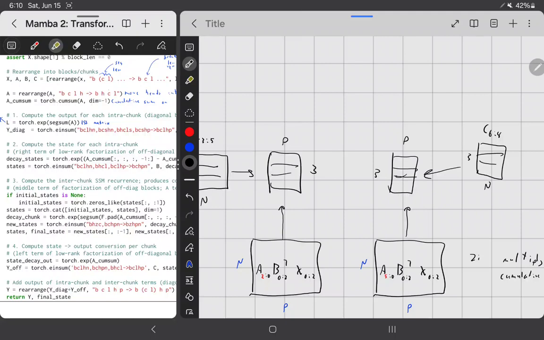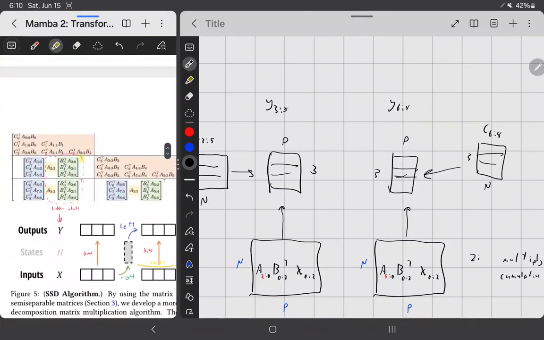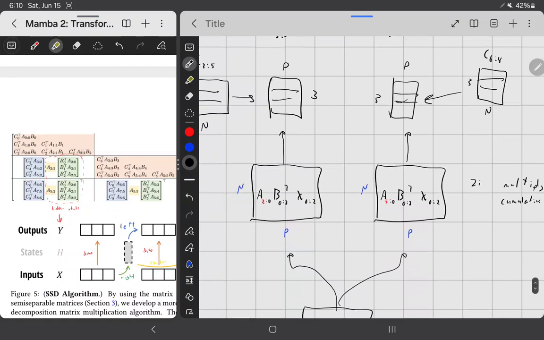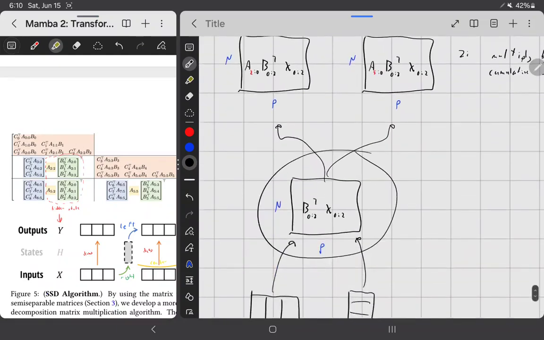So this is what we end up with, and this is y 3 to 5, and this is y 6 to 8, which corresponds to the outputs for this block and this block here. So that's what we do, and we do that for every block. And we use this shared part right here going down.